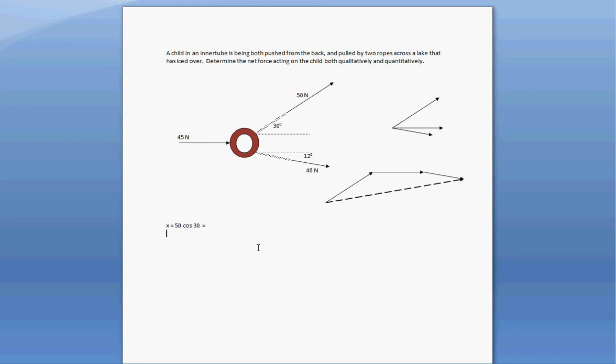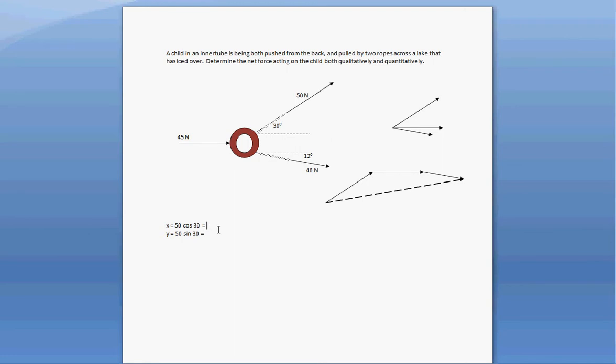And our y component is going to be equal to 50 times the sine of the angle. That's because the sine is equal to opposite over hypotenuse, and the cosine is equal to adjacent over hypotenuse. If I were to bring these 50s over, you would get your sine and cosine equations.